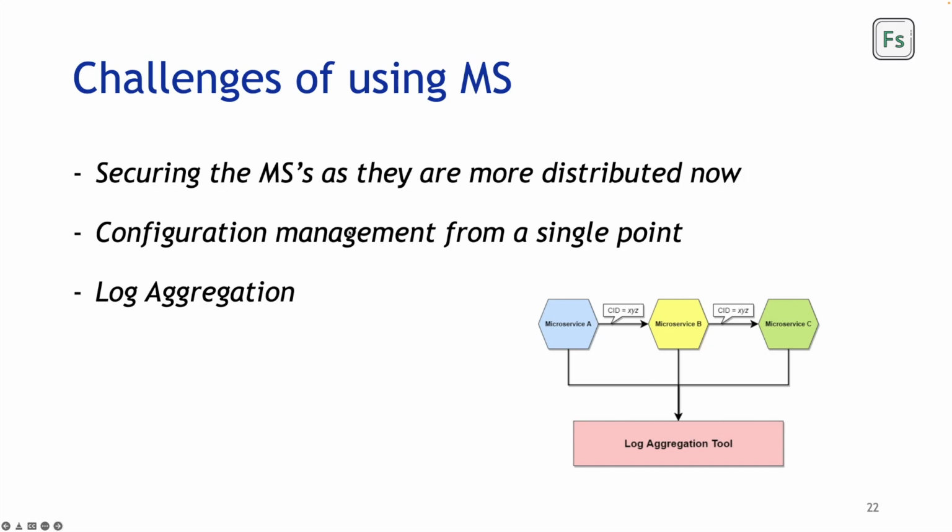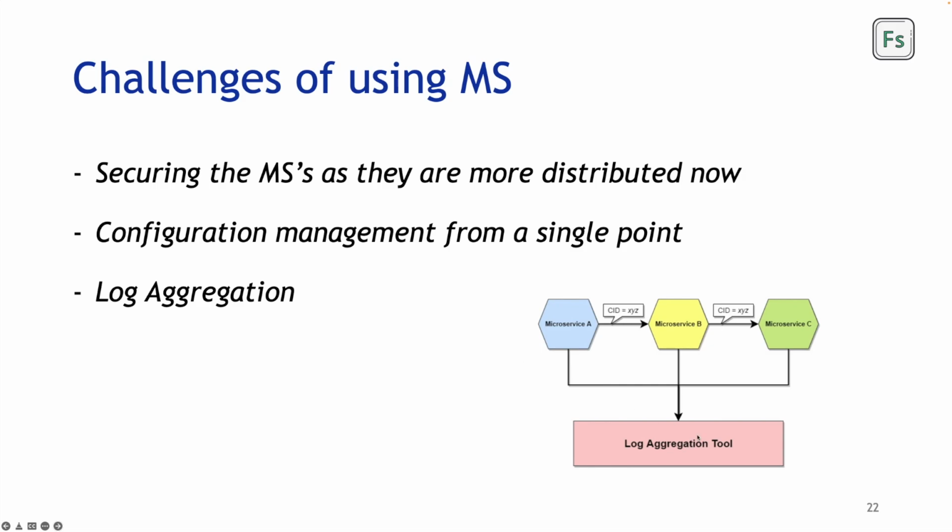Configuration management, if you have to manage the configuration of this application from a single point, that's another challenge. And log aggregation, because these services are now generating logs. Earlier we were able to gather logs at a single point, but now we have to find a way to consolidate all the logs from these services, and then make inferences from them.